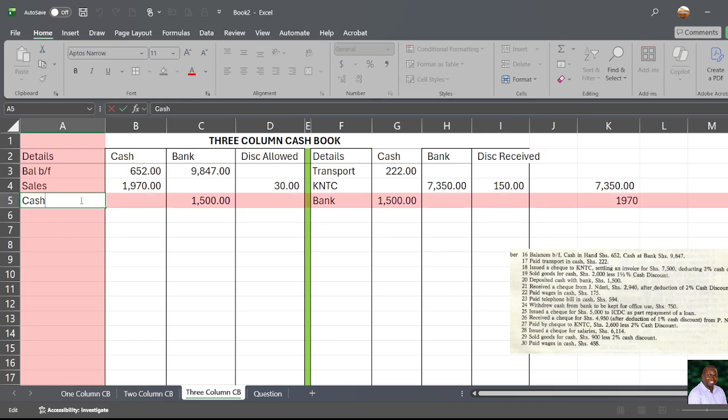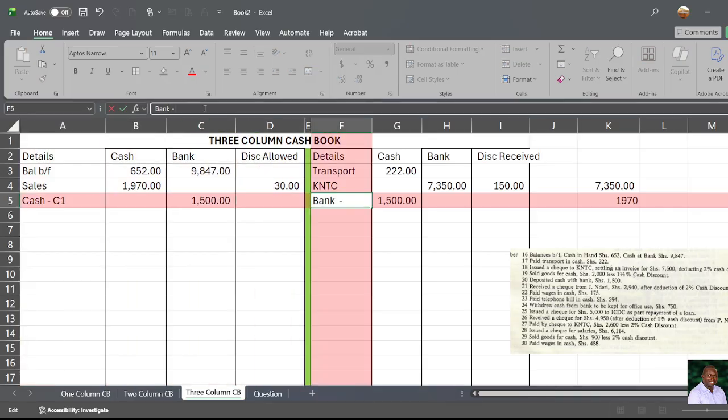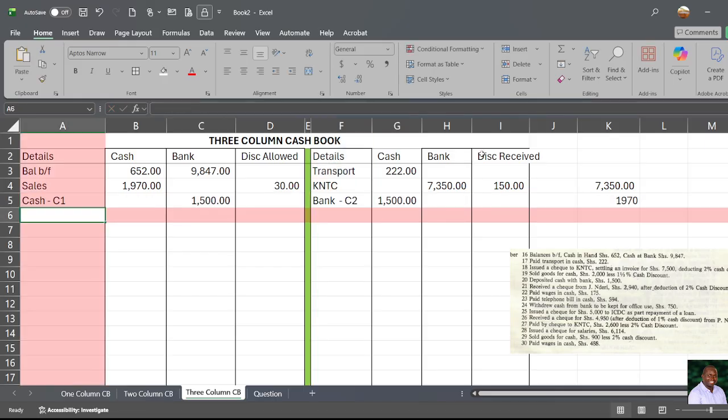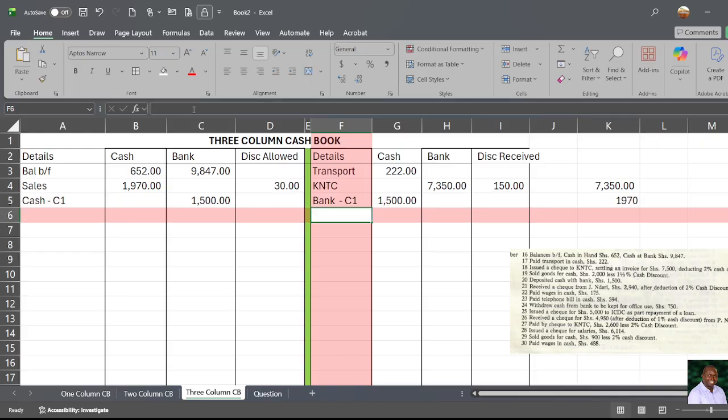So here we have contra entry 1, and here we have the bank, the same contra entry. If it's on a column, we would put it there, but I avoid that.